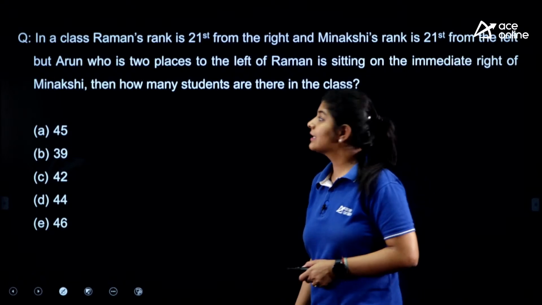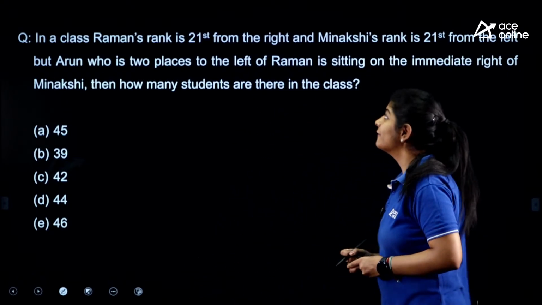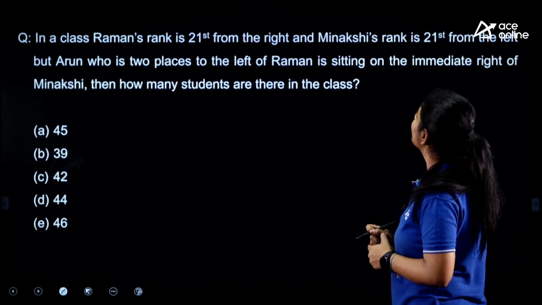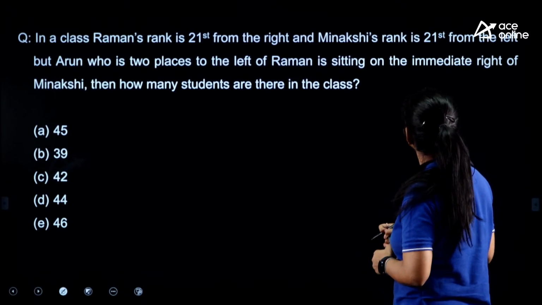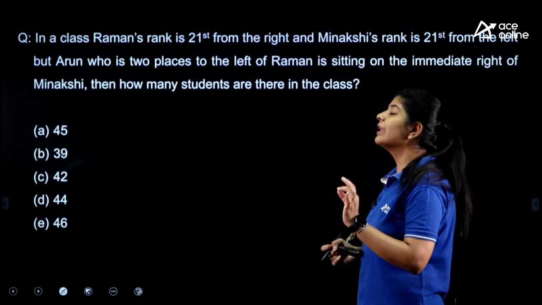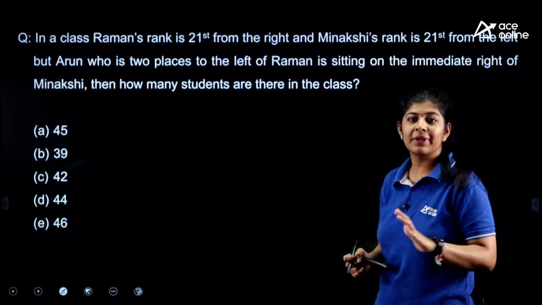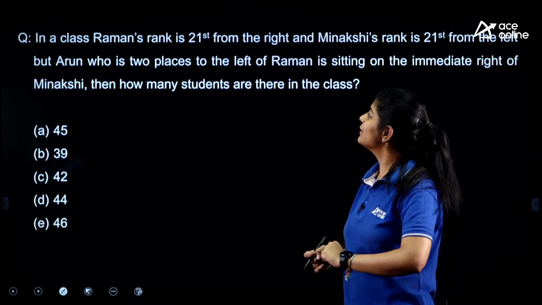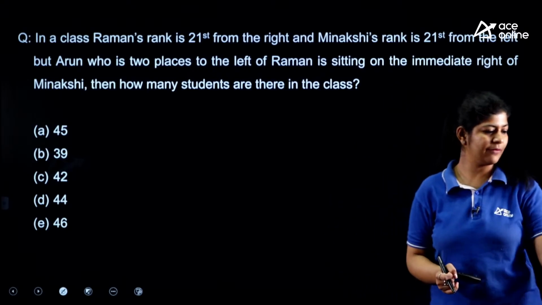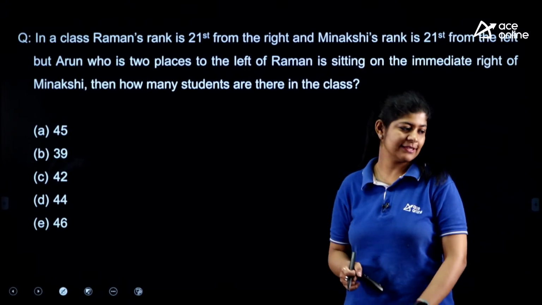The next question says that in a class, Raman's rank is 21st from the right and Meenakshi's rank is 21st from the left, but Arun, who is 2 places to the left of Raman, is sitting on the immediate right of Meenakshi. Then how many students are there in the class? What we have to do is simply find out how many students there are in the class.